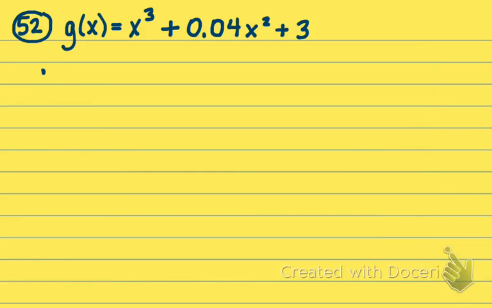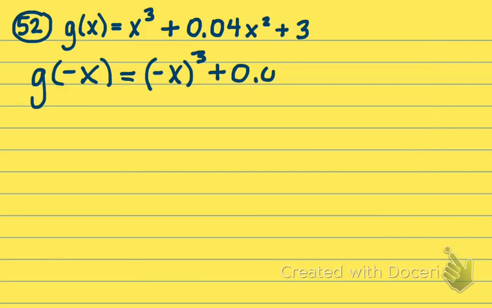And if you've been paying attention, you already know what I'm about to write first, which is g of negative x. So then I copy exactly what I see, but I put negative x in parentheses in place of every x I see. So I have everything else exactly the same. And this is squared plus 3.